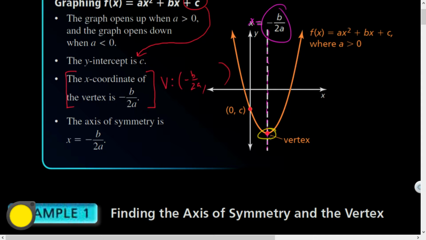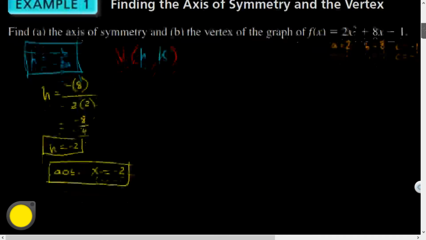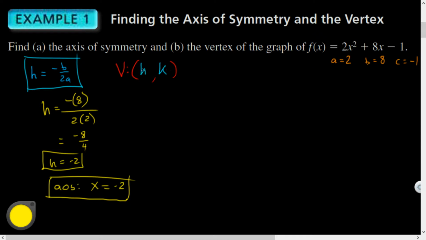But now they want to figure out what is the vertex. And, well, I know the x-coordinate of the vertex. I know this is negative 2. And now the question is, how could I find the y-coordinate of the vertex? And I'm going to show you another little formula that they didn't write. The y-coordinate of the vertex is just going to be f of h.